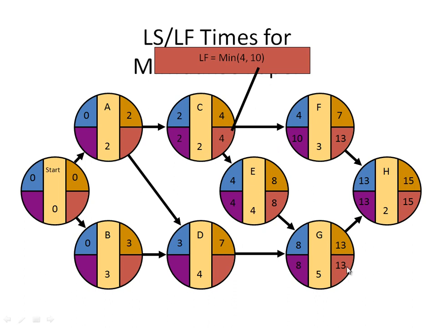For G, 13 minus 5, the latest start will be 8. For E, I'll take the 8 and put it as a late finish. 8 minus 4, then the late start is 4.